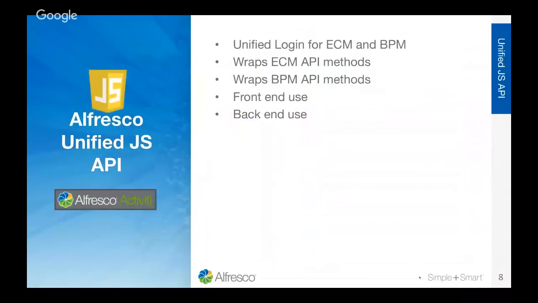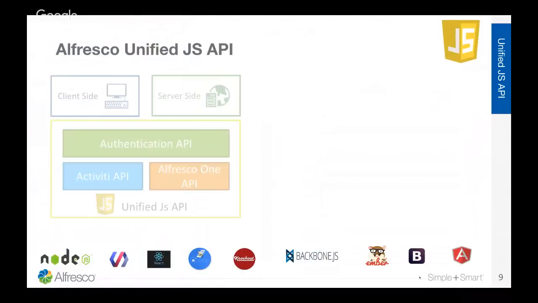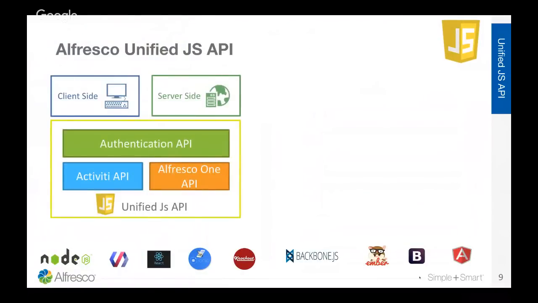So we talk about the Alfresco JavaScript API. I already told you about the unified login mechanism for the ECM and the BPM. It wraps the ECM API methods. It also wraps the BPM API methods. What I didn't tell you is that it is suitable for front-end use and back-end use. And it's not just for that.